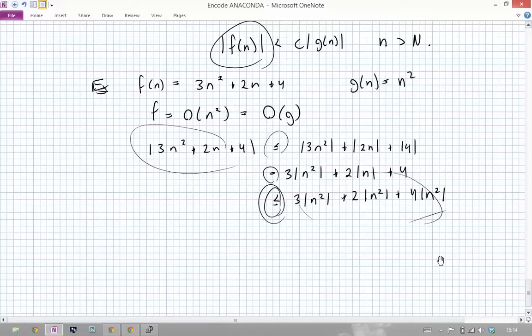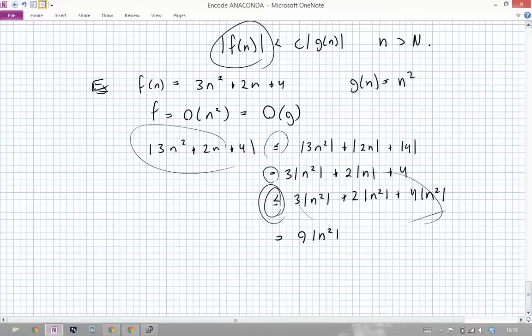And on the last one, I had 4, and I just threw in an n squared. Again, for natural numbers, that only makes the right-hand side larger. Why is that useful? Well, it lets me get to the form of the definition, which is 9n squared, something like that.